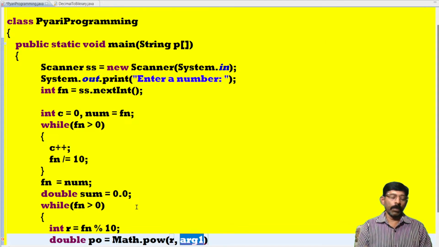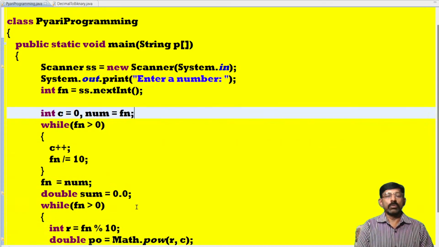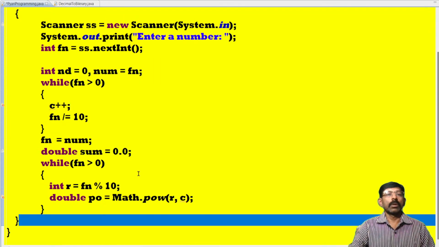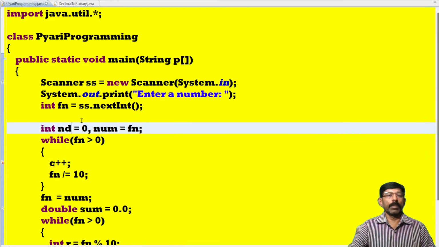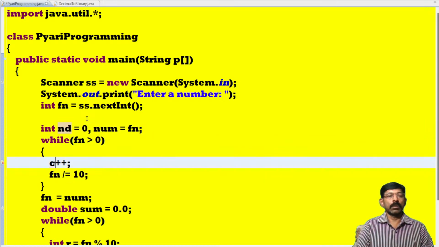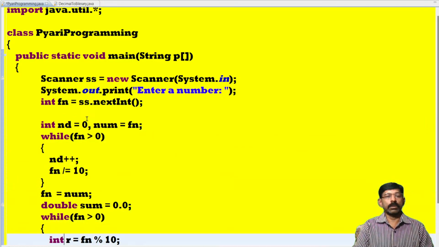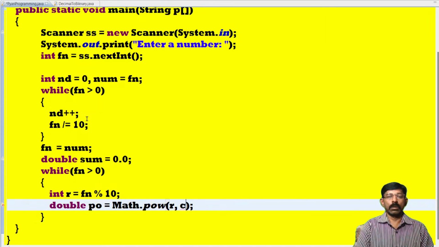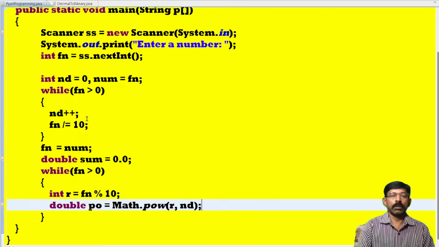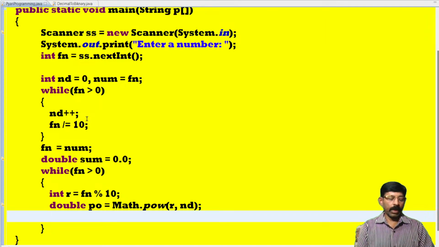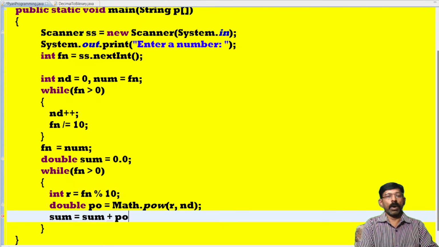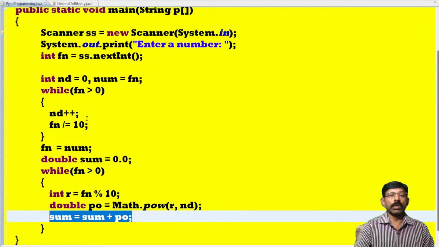To the power number of digits is your C. If you are getting confused, I am making this one number of digits. Now we got the power. Then sum is equal to sum plus power. So this will give me the sum.